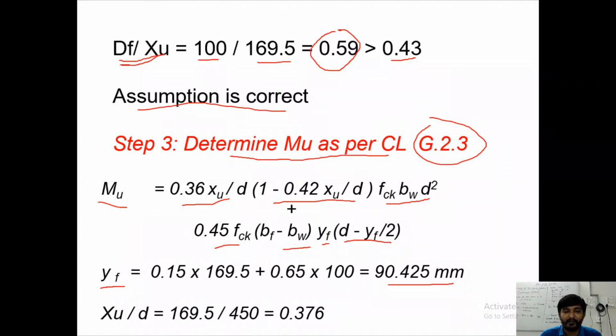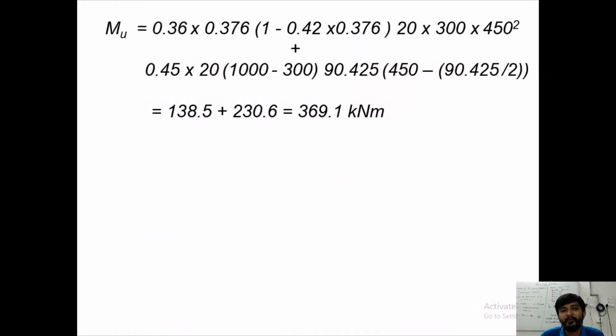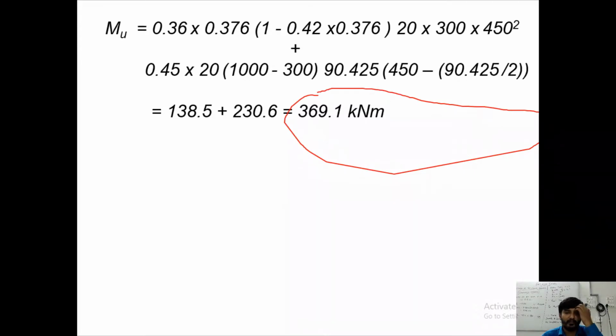XU is 169.5, D is 450, so you get your exact value of XU divided by D as 0.376. Substitute all these values in the equation of MU and you will get your moment of resistance as 369.1 kilonewton meter.